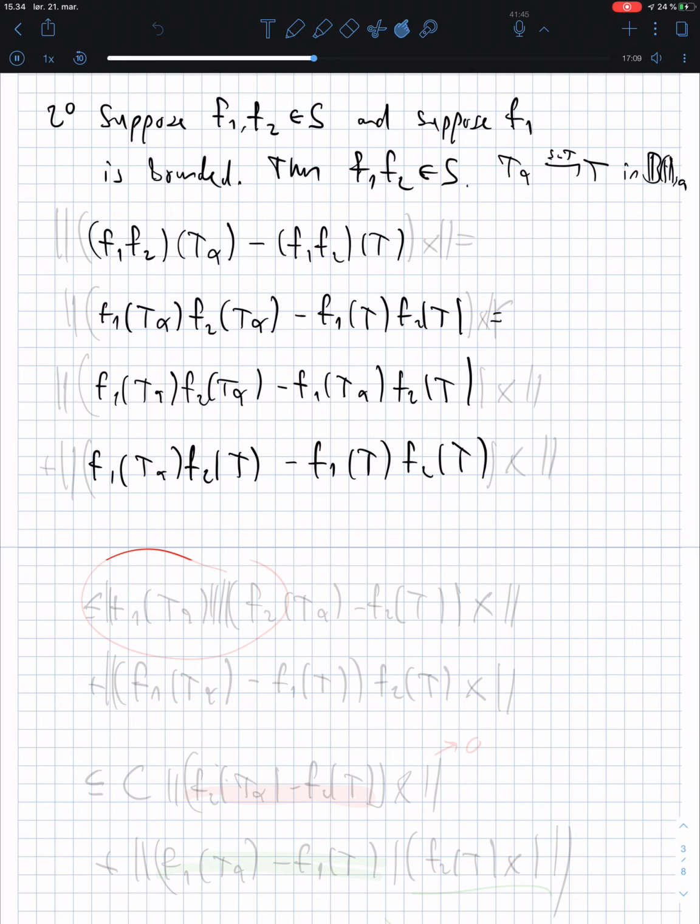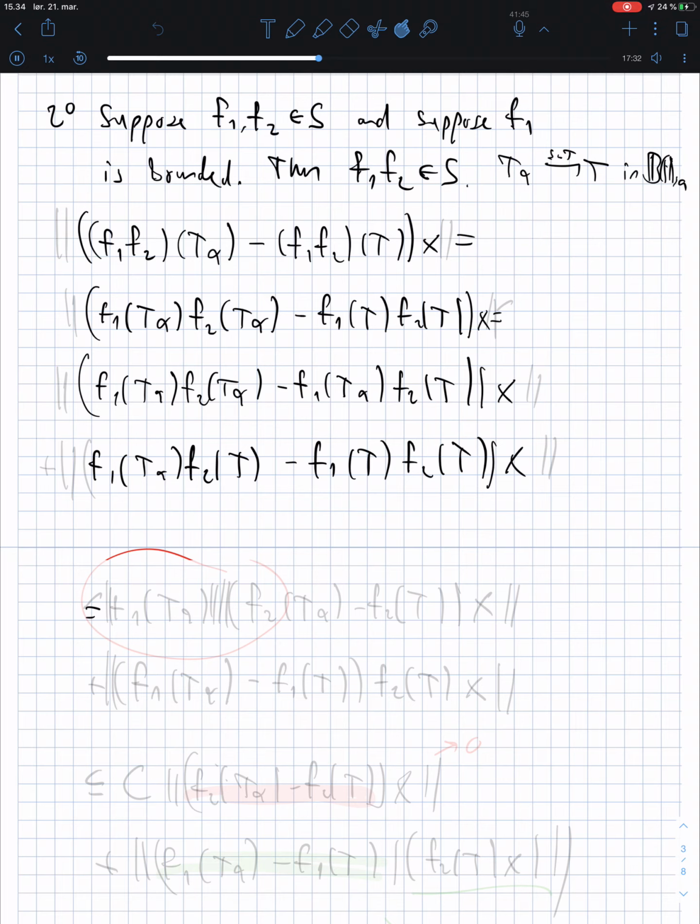Right, and we're trying to work out what happens when we have convergence in the strong operator topology. So apply this to some x.